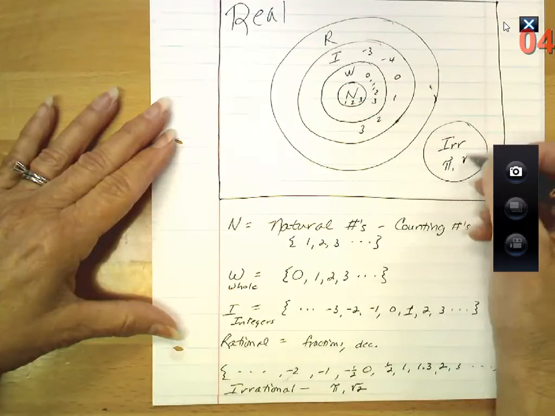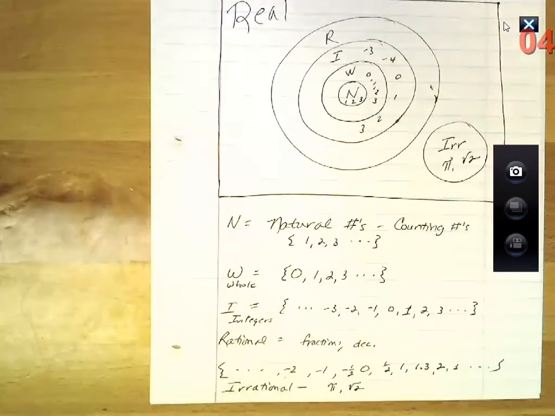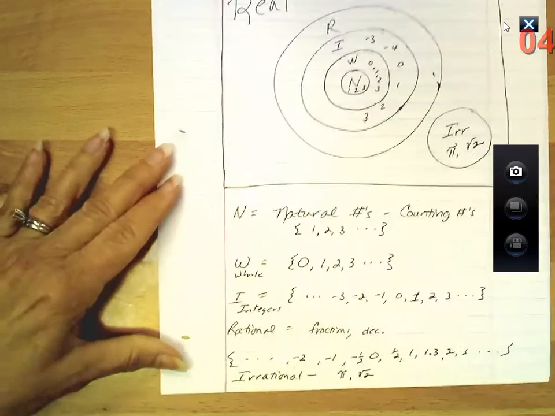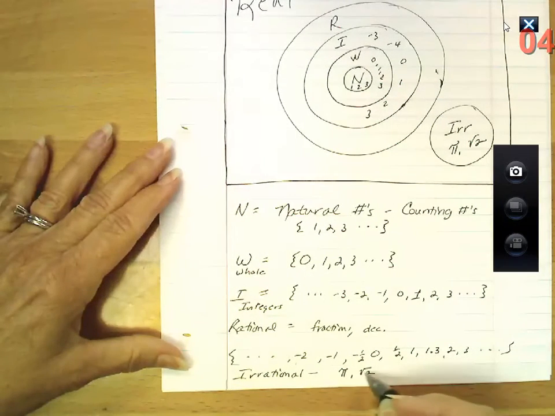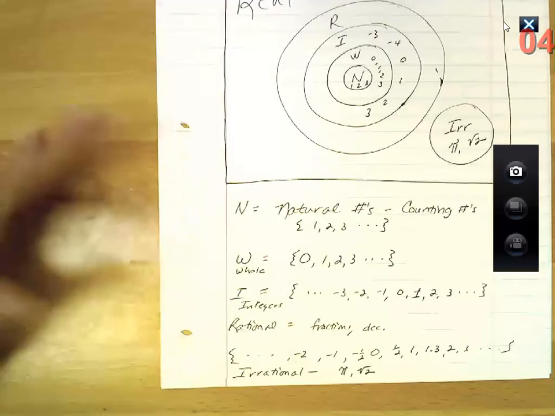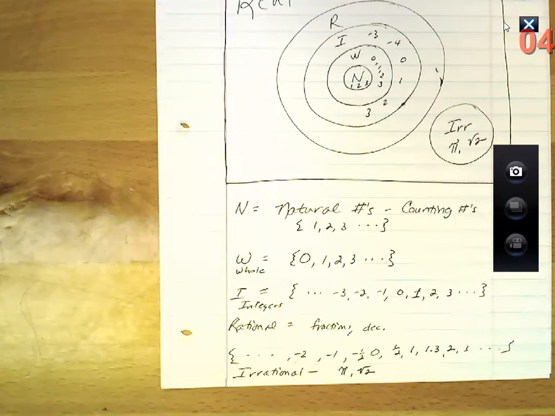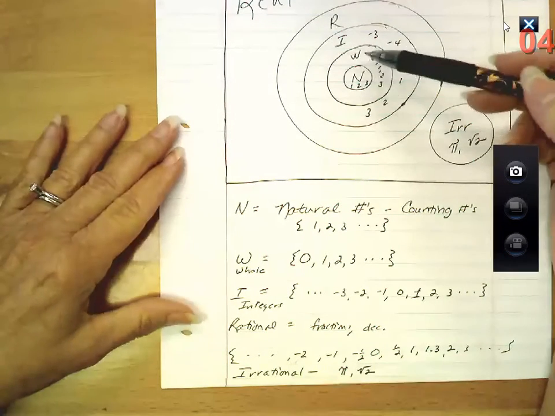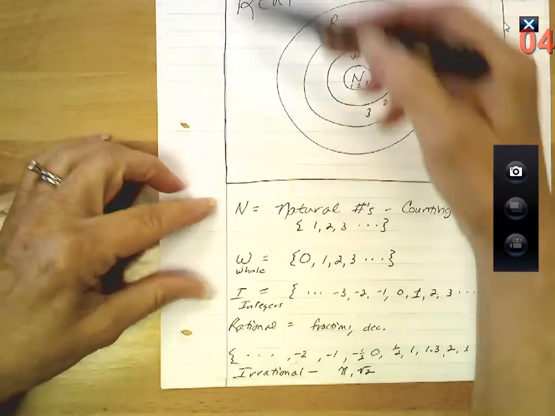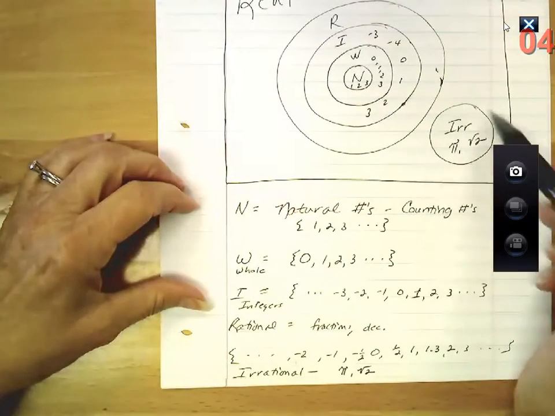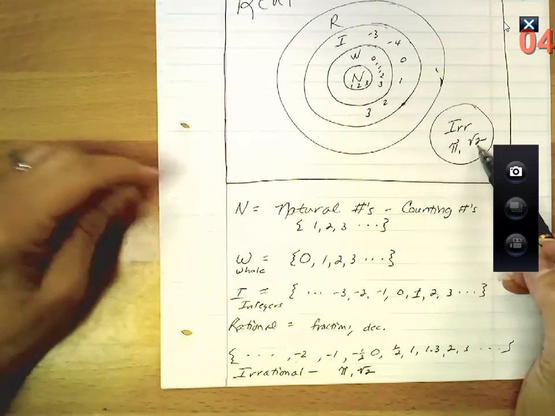Now, these are things that neither end nor repeat. The irrational numbers will never end and they will never repeat. So, natural, whole, integers, rationals, reals, and then over to the side are the irrational numbers.